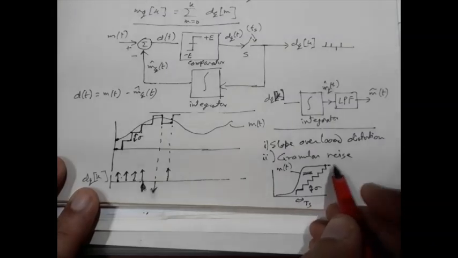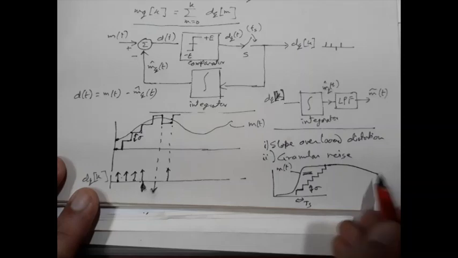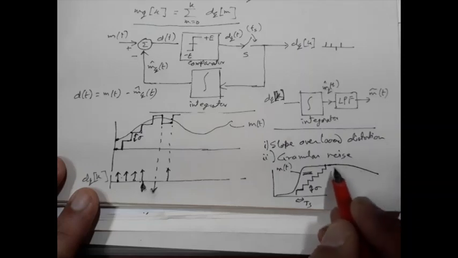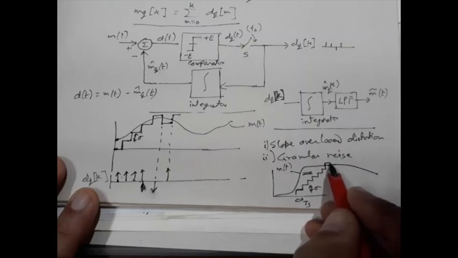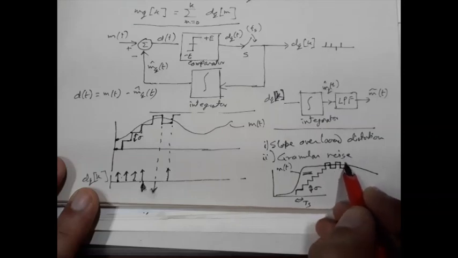Now to understand this granular noise, let us extend this with a very small change in the signal. So what happens within this region, the integrator output will be like this. It will move up or down in this way.